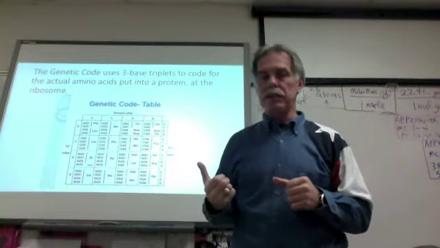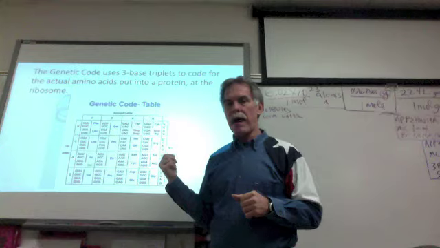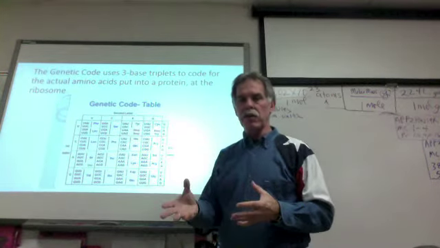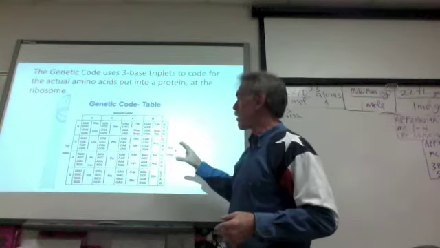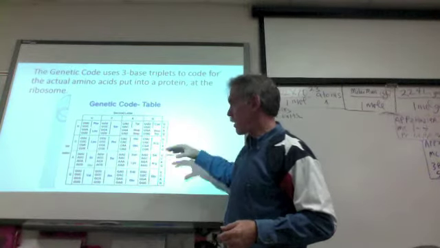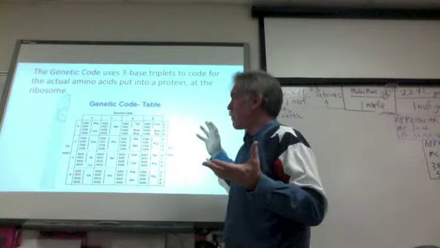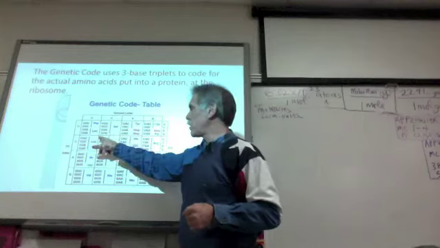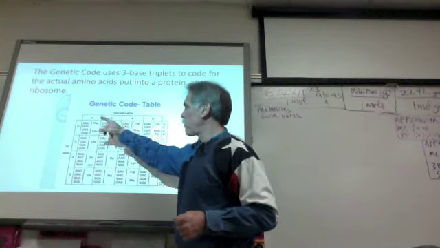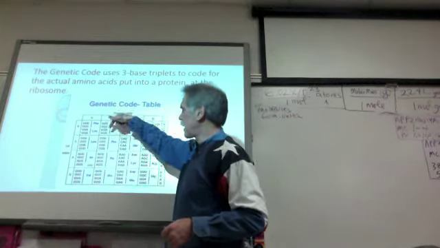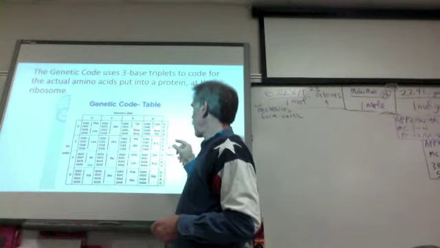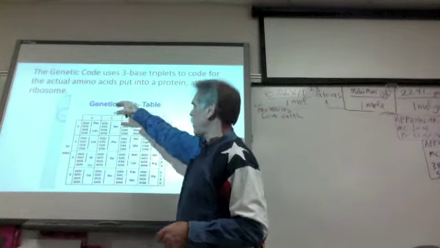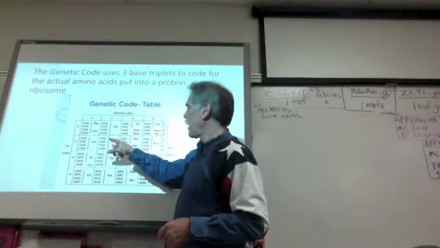You do not have to memorize this table. If you're asked questions about it, you'll be given one of these as a possibly useful page. But you should look over it and be able to use the code that's here. You should be able to see, let's see, what does CCU code for? Well, CCU is right here. Its first letter is C, second letter is C, and the third letter is U. That's how you do it, first letter, second letter, third letter, and you find it.